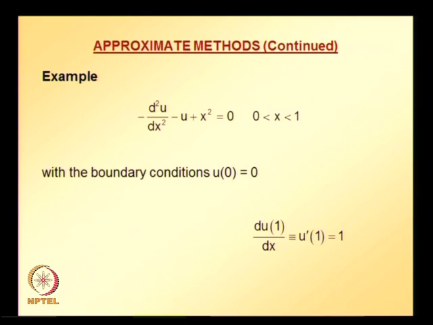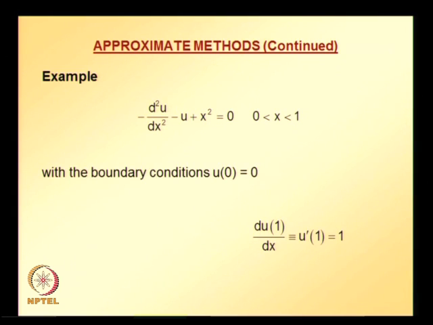If you compare with the thumb rule that we already noted, it turns out that one of the boundary conditions, u at x equal to 0, is essential, and the other boundary condition which involves the first derivative of u is a natural boundary condition. That is just a side note.